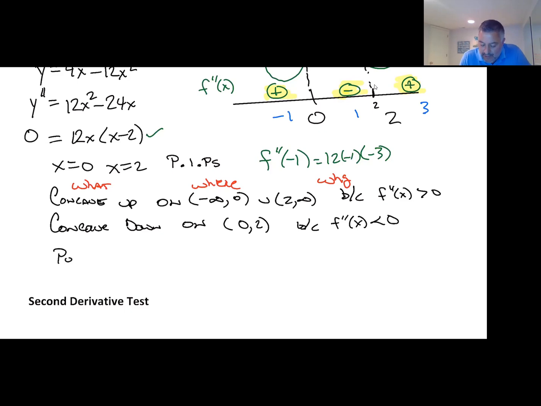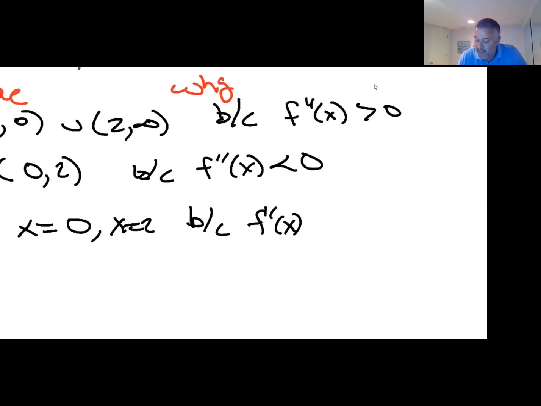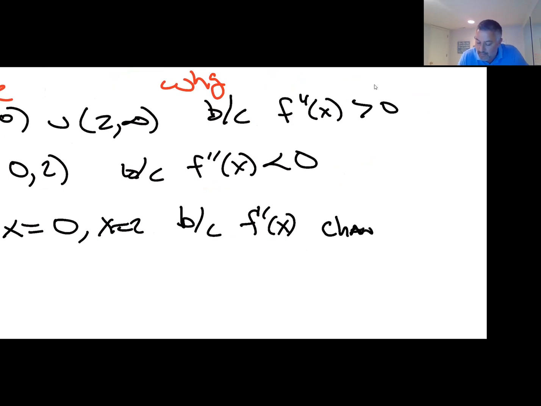And we have points of inflection at x equals 0, doesn't matter, but I like the order, and x equals 2 because f double prime of x changes signs.